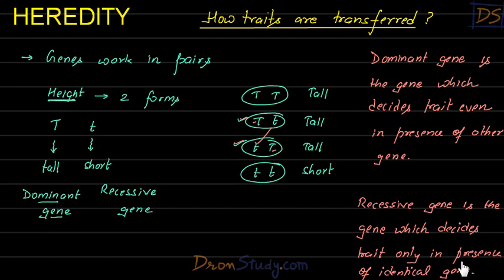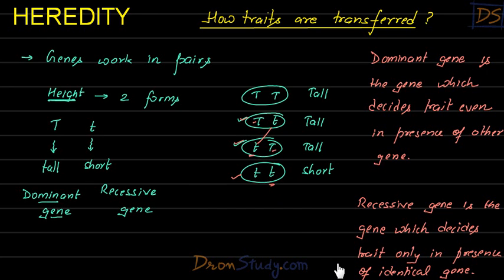Right, students? So a recessive gene can decide the property only in the presence of an identical gene. So you can see this case. This recessive gene is able to decide the property only in the presence of an identical gene. But in the presence of another type of gene, this recessive gene is not able to decide the property.